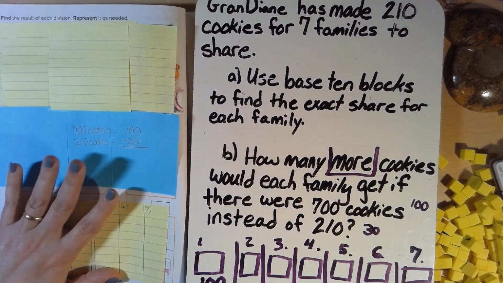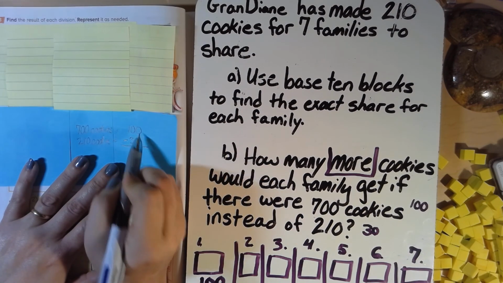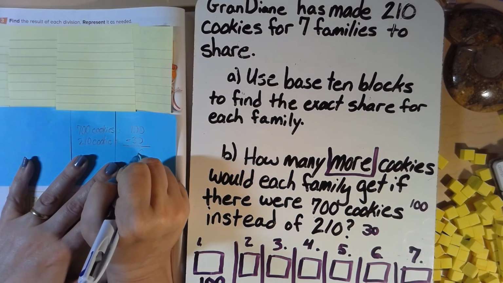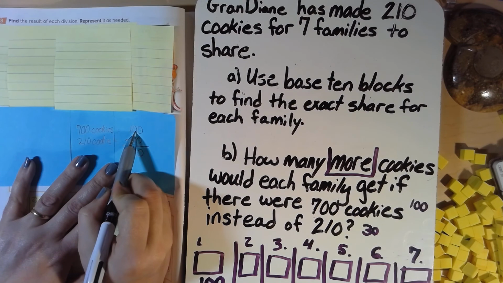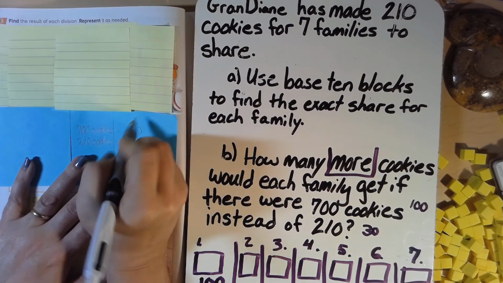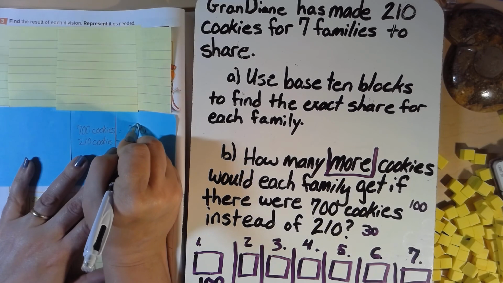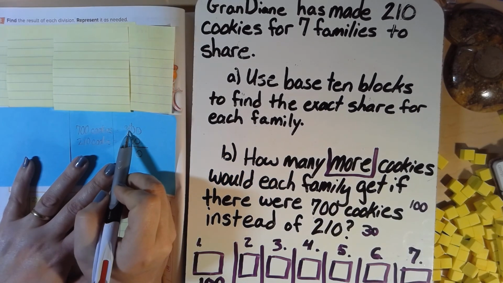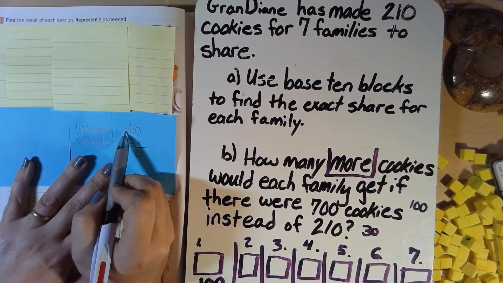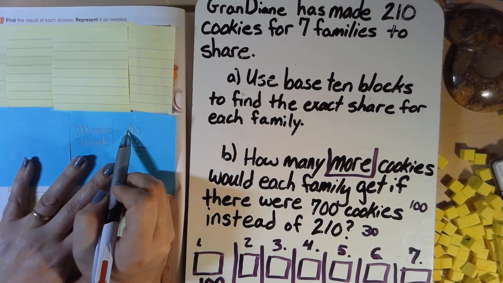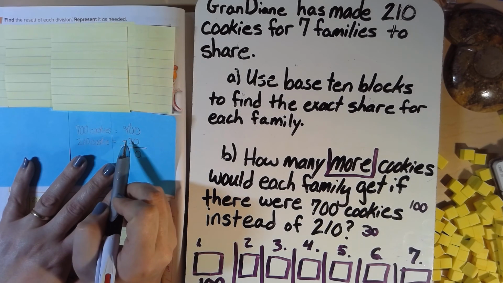Now we have to remember we start in the ones column. So 0 take away 0 is 0. If I have 0, can I take away 3? No. So I'm going to change the 100 and make it 10 tens because I know that 100 equals 10 tens.